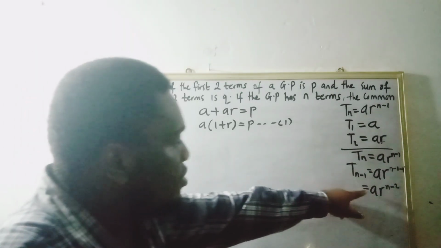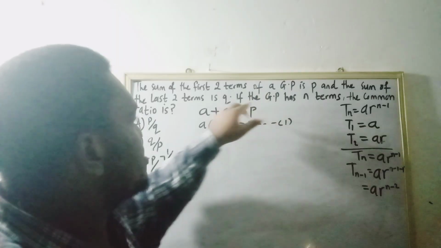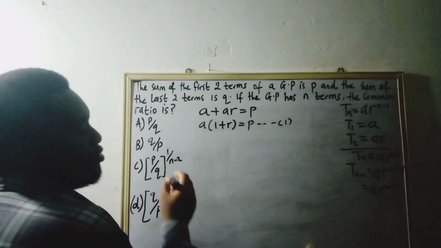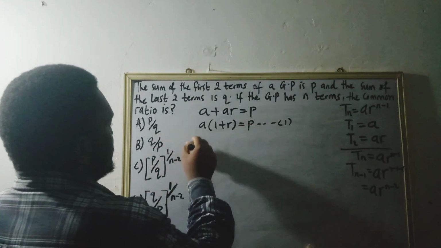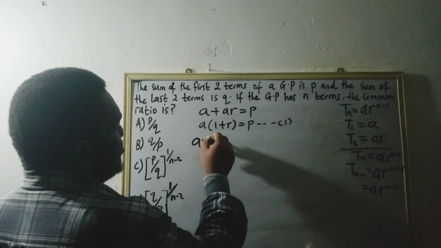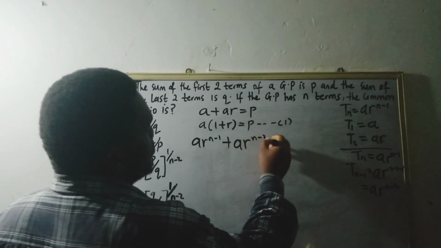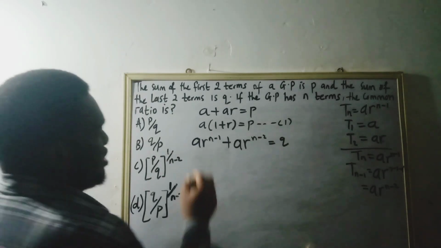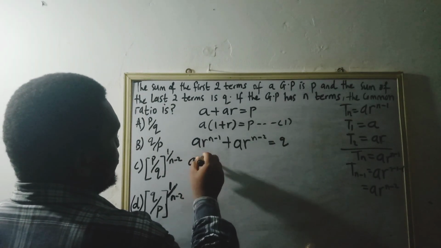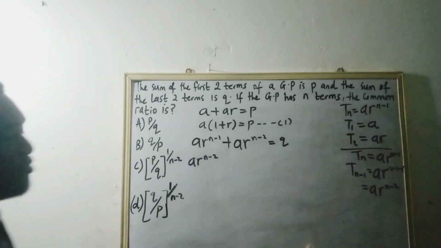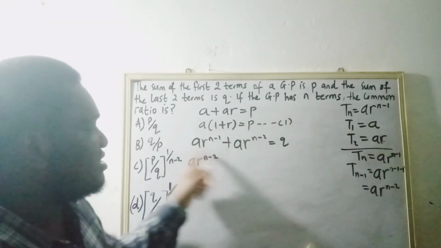The sum of these two terms gives me Q. So ar^(n-1) + ar^(n-2) = Q. I can also change this and write ar^(n-2), but careful, I have altered this part.